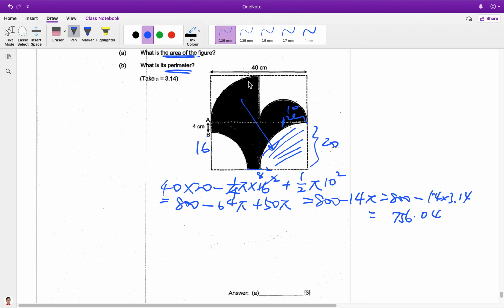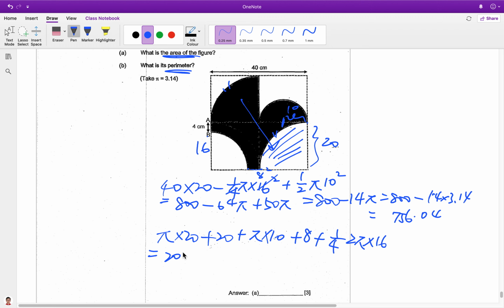So we just have this half circle, which is 2 pi r divided by 2, which is pi r, where r is 20, right? So this one plus this one is 20 plus this one is also half, meaning pi, with r being 10, times 10 plus this one counted, and this one is 8 plus this one is 1/4 of 2 pi r where r is 16, right?